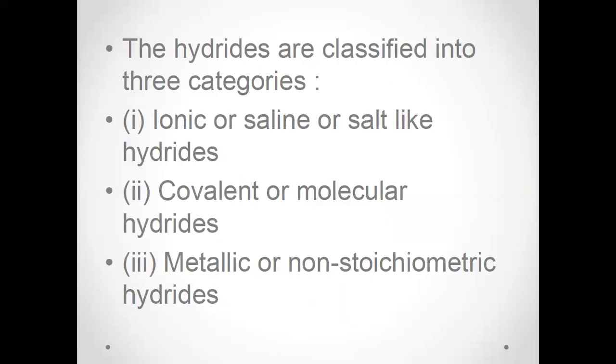These hydrides are classified into three categories. There are three types of hydrides on the basis of the bond which exists between those binary molecules. Binary means two, and a molecule is simply a molecule. When does a molecule form? When two atoms combine together, they form a molecule.